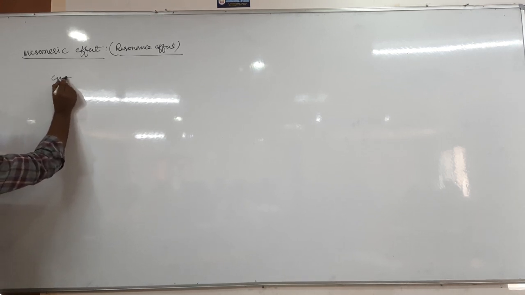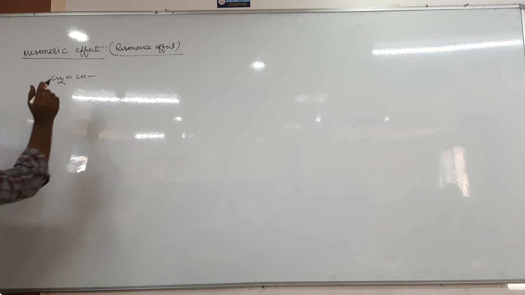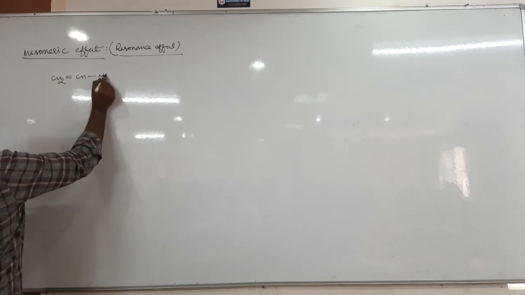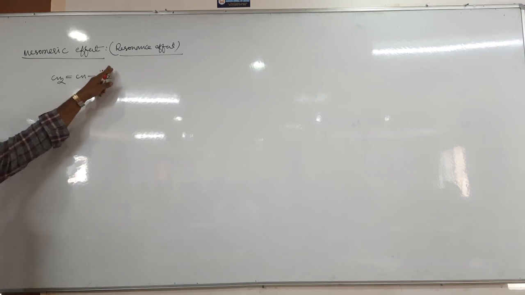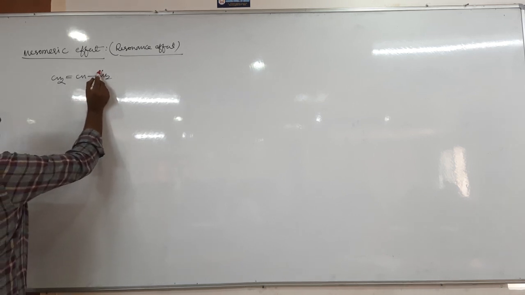In the last class we studied that pi bond and pi bond are in conjugation, pi bond and lone pair are in conjugation, pi bond and negative charge, pi bond and positive charge, pi bond and odd electrons are in conjugation. Let us take a pi bond, and here NH2. The pi bond, sigma bond, and lone pair are in conjugation.